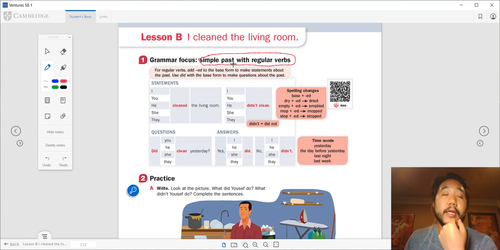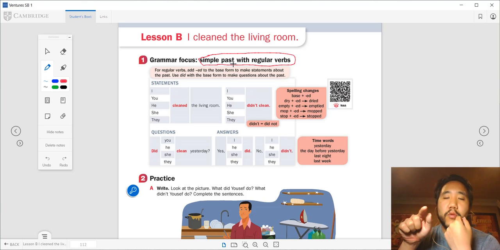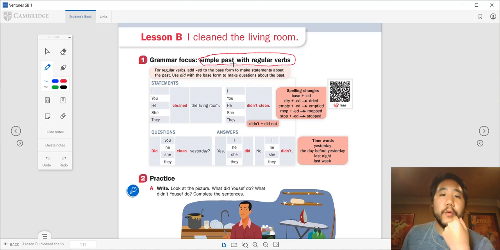That means that in the past, I was a teacher, but not right now, not anymore. I use the word was to describe that my occupation was a teacher in the past, but not anymore. And so we're learning something similar, but instead we're learning with regular verbs. So simple past with regular verbs.